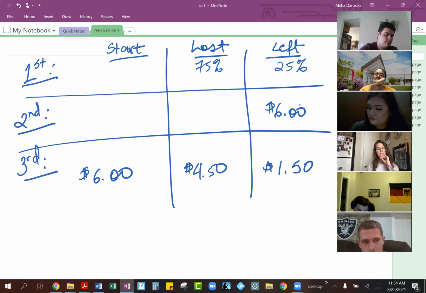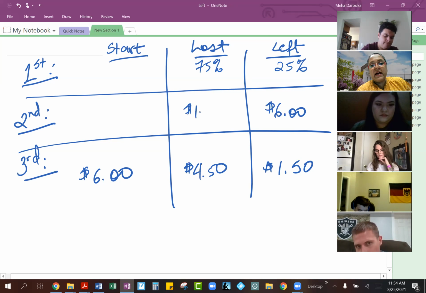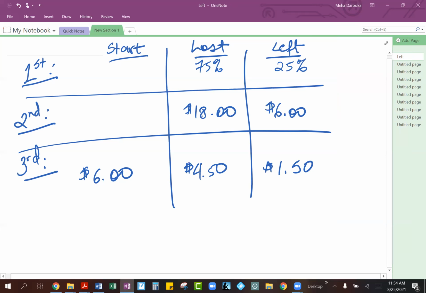So again, working backwards, what will be 3/4 of that $6 he had left, or $6 being the quarter amount? 18. Yeah, 18, very nice, because you're doing 6 times 3. That would give us $18, and that adds up to a total of 24.